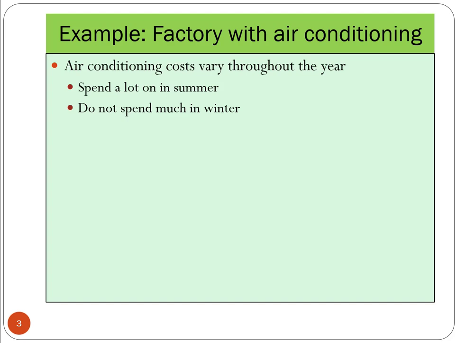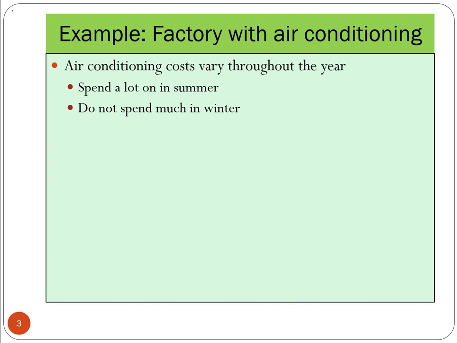If you live in Texas, for example, your air conditioning cost might be pretty high in the summer, but pretty low in the winter. So they vary throughout the year.